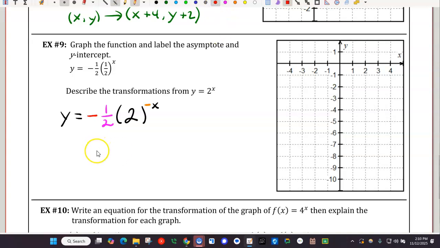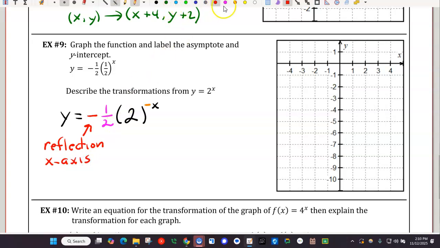So without looking now, since we've done all these so far, what does this negative in front do? Reflect. And if you haven't summarized in your head yet, the negatives are always reflections. It's just knowing what it is reflecting over.